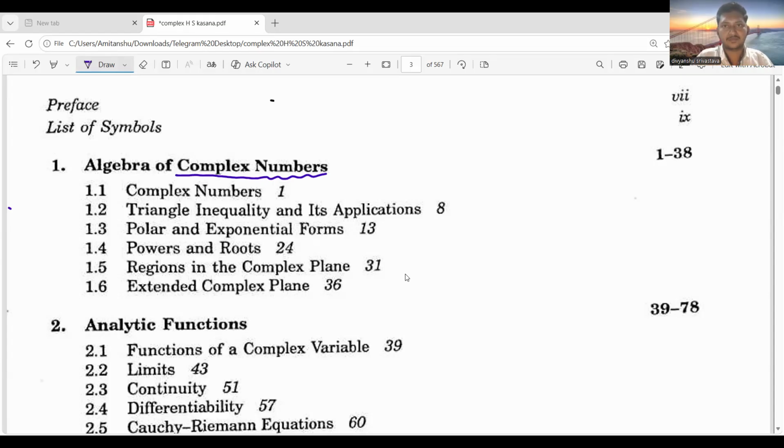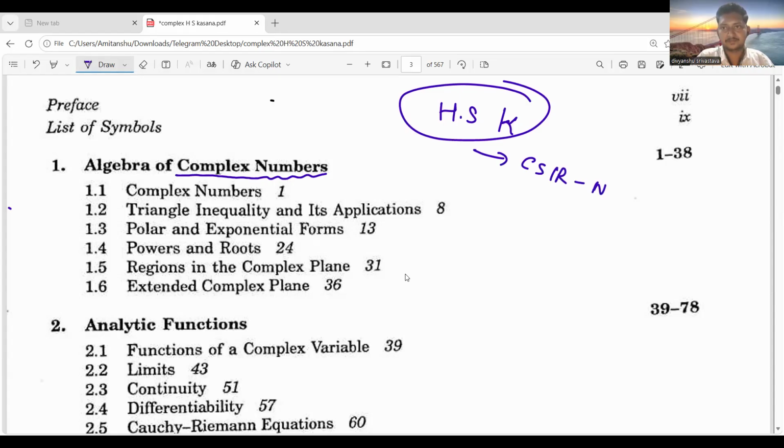A reference book is H.S. Kasana. This book is very helpful for the CSIR NET exam, and I think maybe some concepts are asked in your GATE exam also. It is basic for BSc and MSc students.